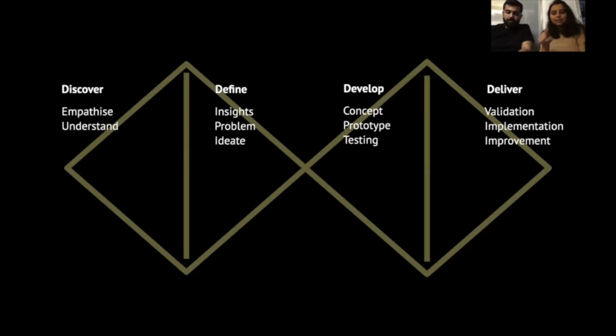As you can see, the double diamond is in the shape of a diamond, which covers two loops. It kind of forms an infinity loop. This will help you understand that all of these things can coincide with one another.